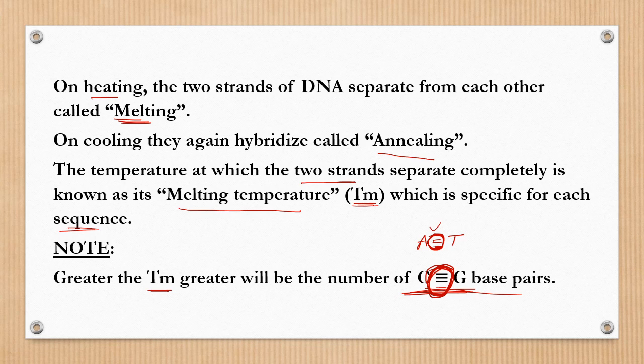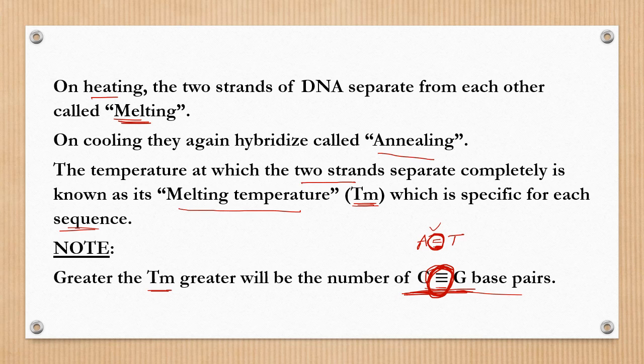So based on the melting temperature, we can easily find the cytosine-guanine base pairs. If the melting temperature required for separating a particular DNA is more, that indicates the DNA consists of more cytosine-guanine base pairs, because they have 3 hydrogen bonds.